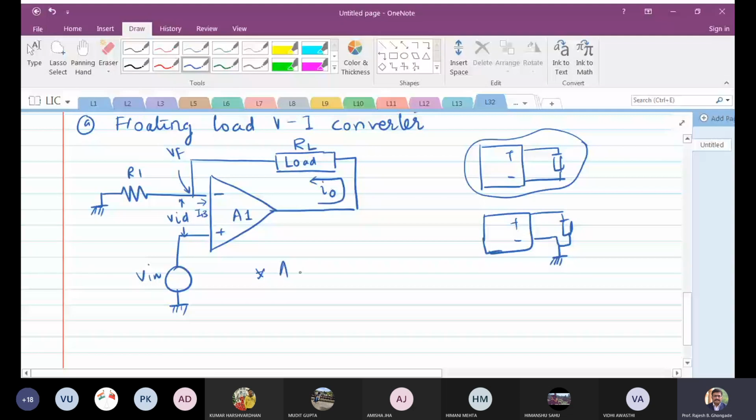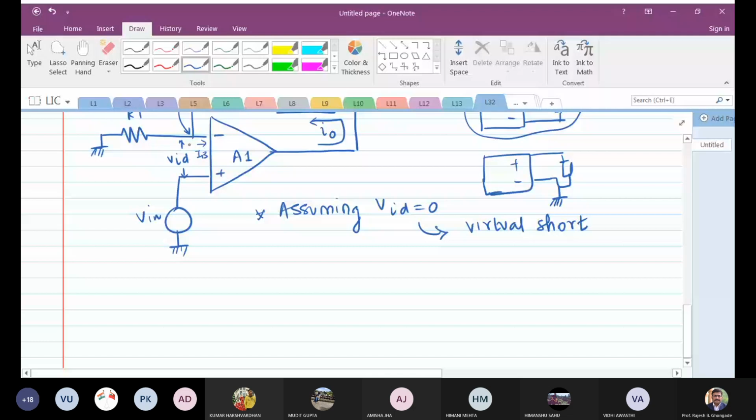All right. So assuming VID equal to 0, why is that so? Because of the virtual short. What will be the value of VF? If VID is 0, what will be the value of VF?